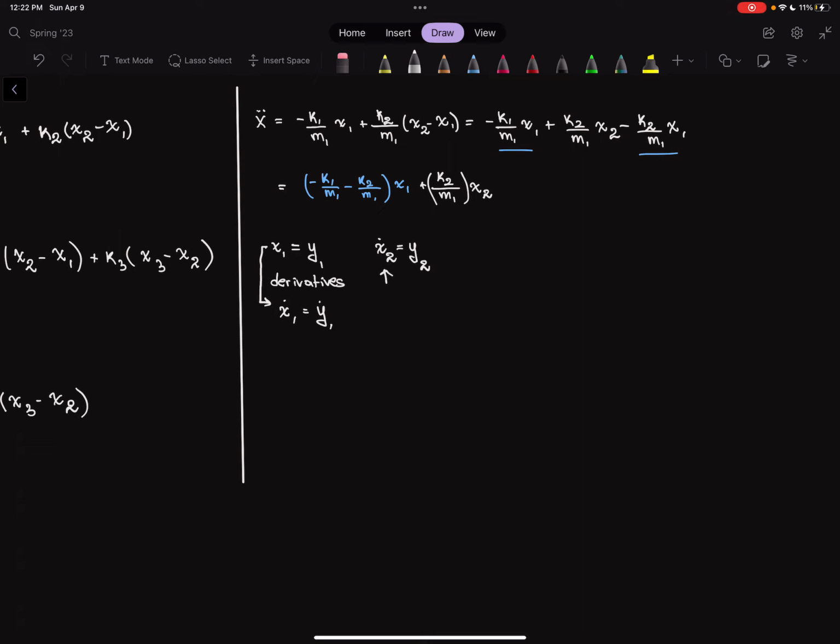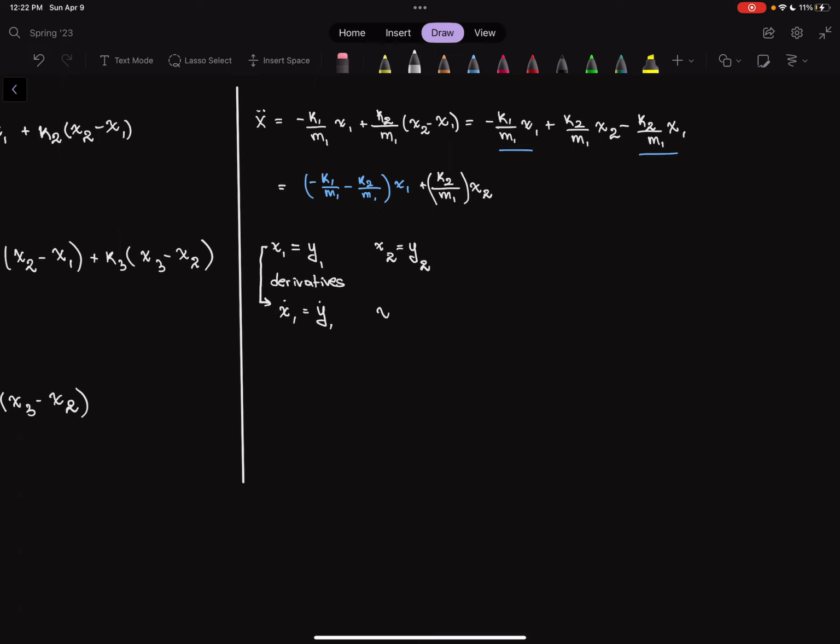I want to define x2 as the derivative, because x2 is equal to this.